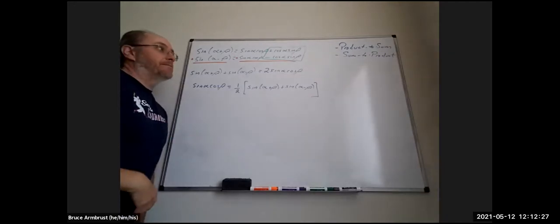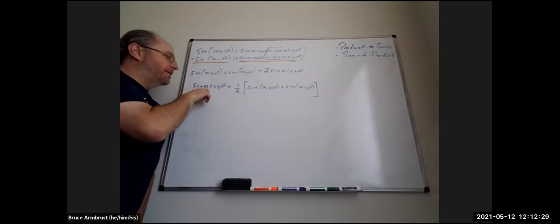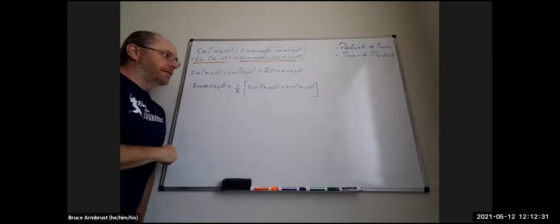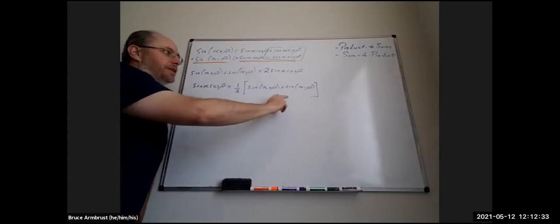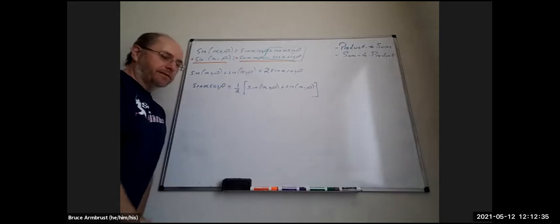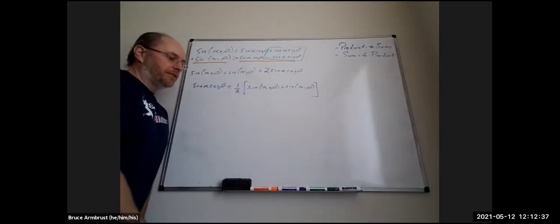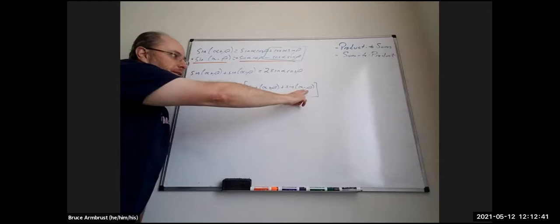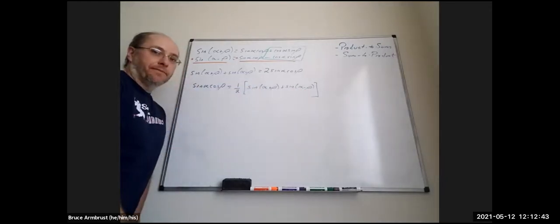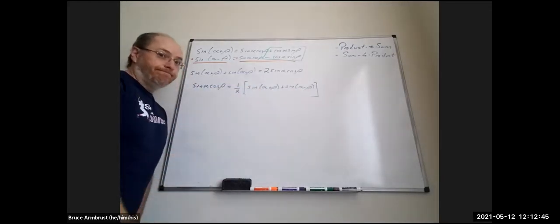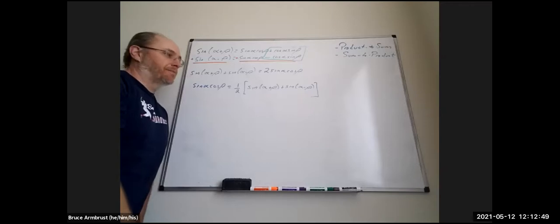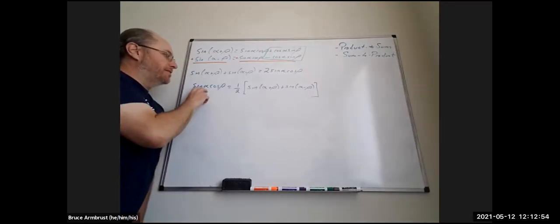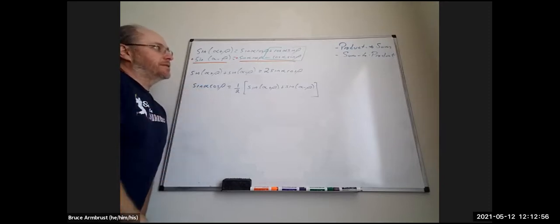That's one of them. When you have a sine times a cosine, you can actually turn it into an addition of sines. It's just those sines are going to have in them either the sum or the difference of those two angles. And this is always true, no matter what your angles happen to be. All right, so this is the one that gives us sine times cosine.